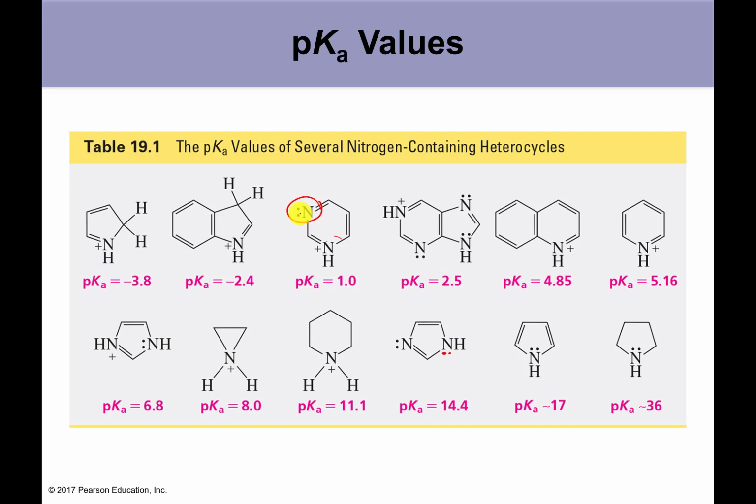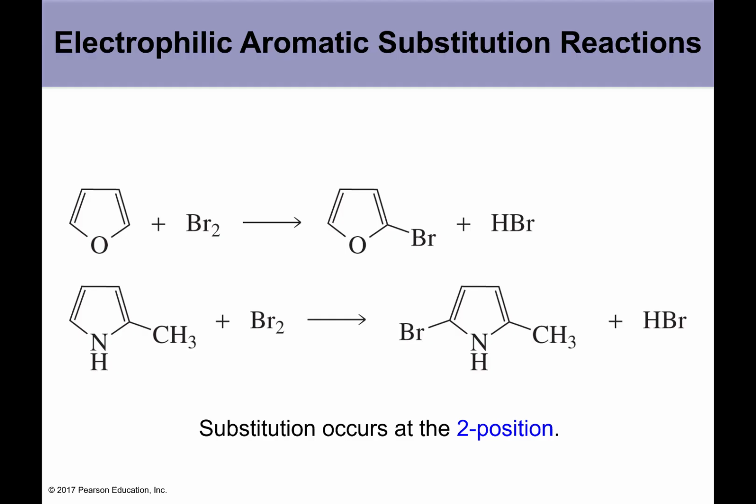reactivity, and now what we're going to do is look at electrophilic aromatic substitution reactions. So you notice in these electrophilic aromatic substitution reactions of furan, which is another one you should know, and of pyrrole, this is methyl pyrrole or 2-methyl pyrrole, that the addition of the halogen occurs on the number 2 carbon.